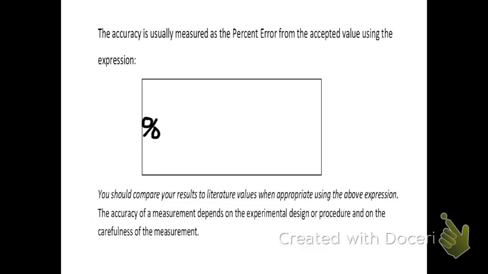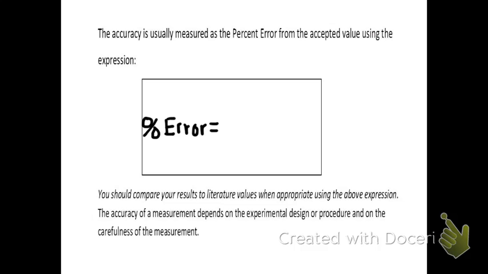Percent error, again, is just going to tell us how far away our experimental value is from the true literature value that is accepted by the scientific community. And you're going to have to learn how to calculate that when you do labs.